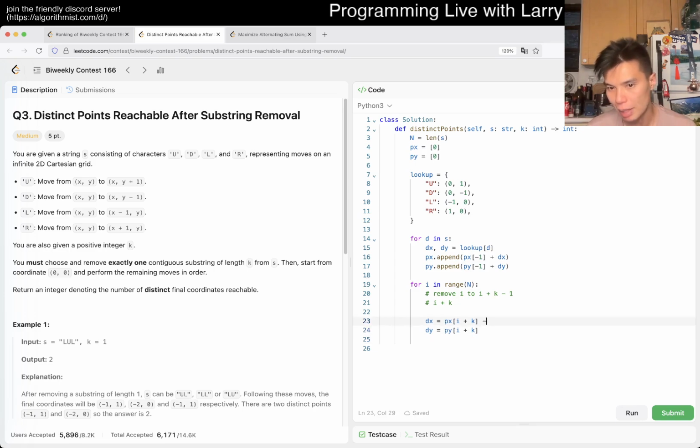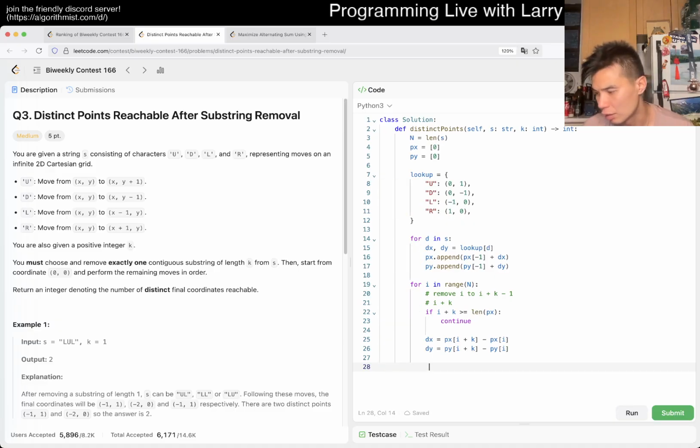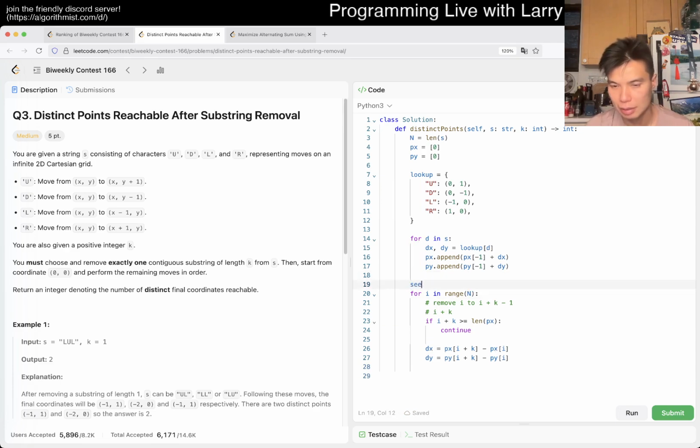Okay, and then it's this minus px of I. We remove I, but it's I plus 1, so then you remove I. I think this is this. And of course, if I plus k is the length of px, then I'm just going to continue because it's cheap, but it probably should break.